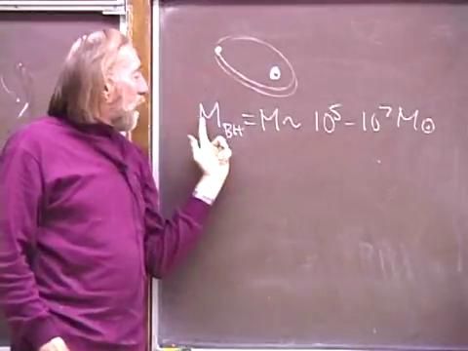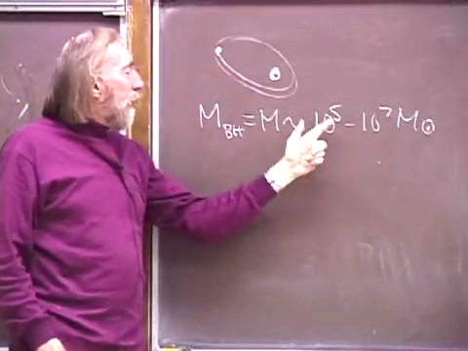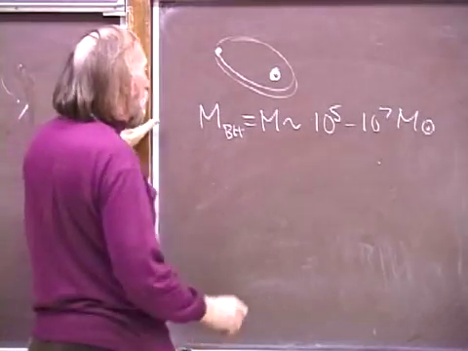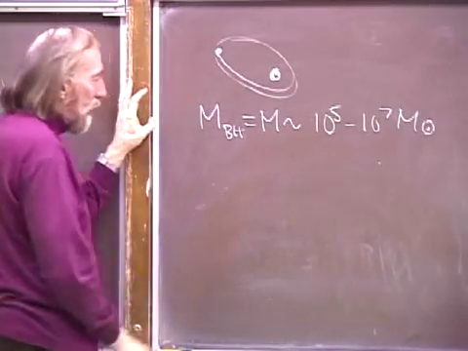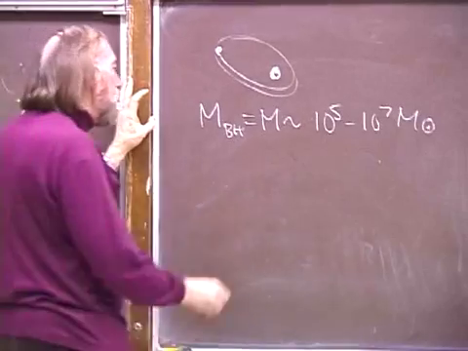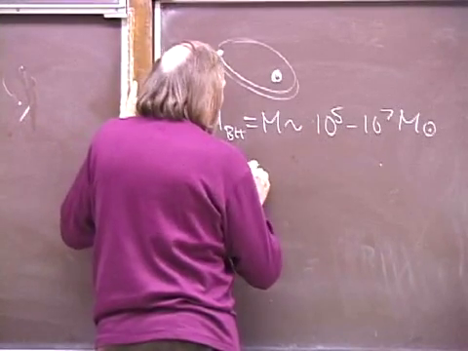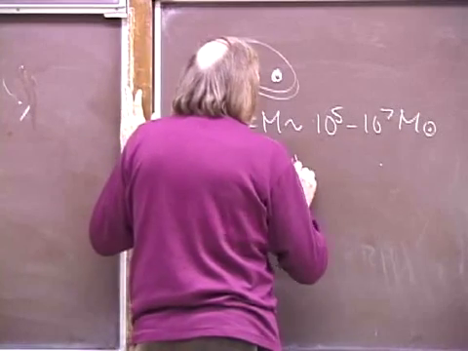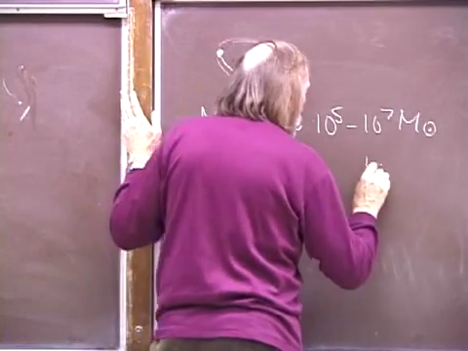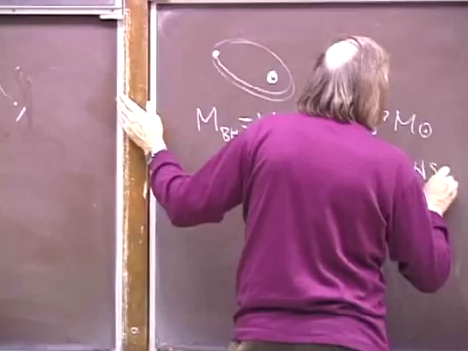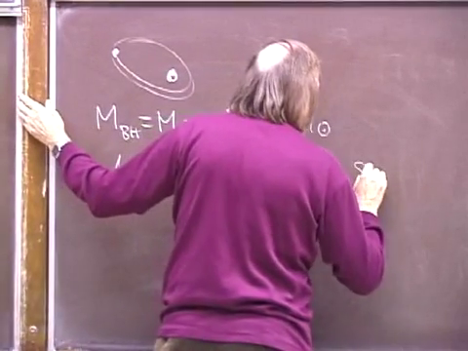And so the black hole mass in the range 10 to the 5 to 10 to the 7 solar masses is what we want to think in terms of, and 10 to the 6 solar masses is more or less optimal. And the inspiraling object has got to be a white dwarf, a neutron star, or a small black hole.